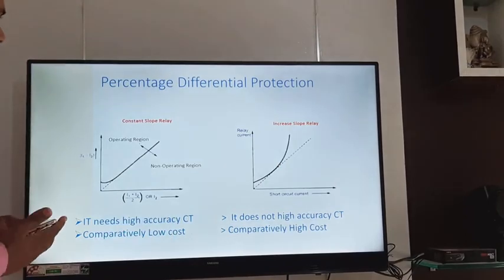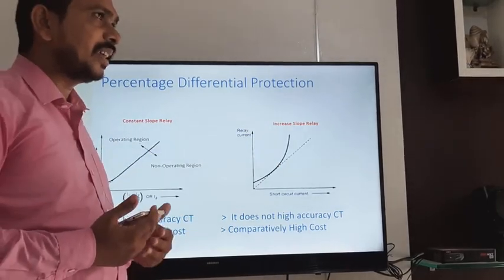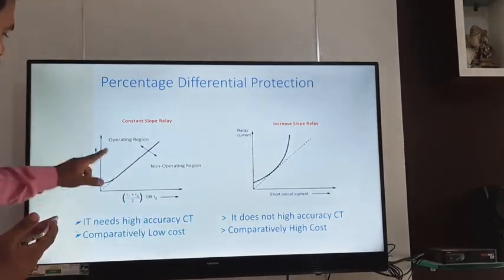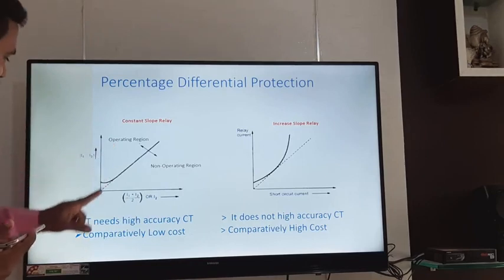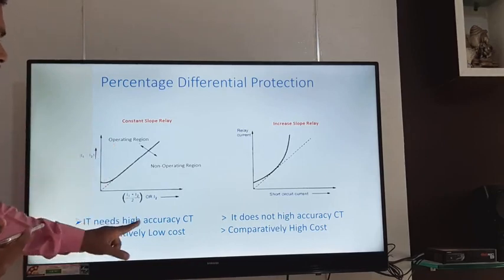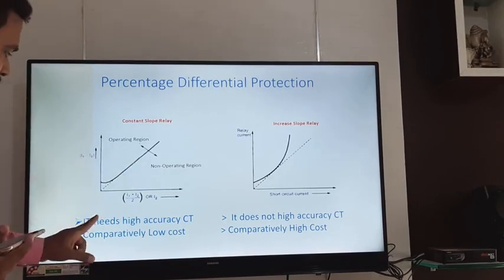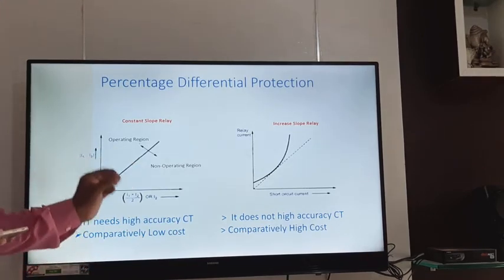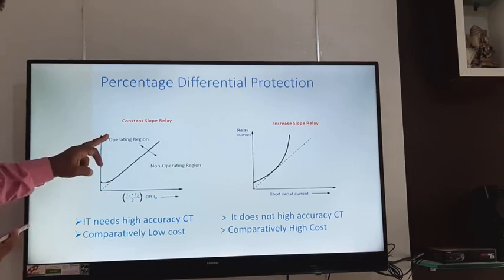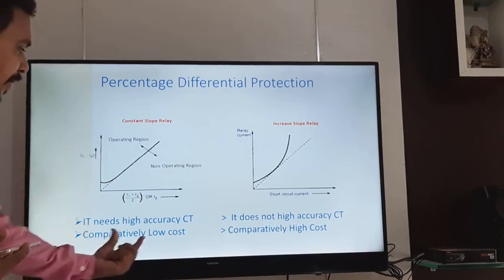So if these two types of relay are used, what happens? The constant slope relay needs a high accuracy CT. So if we use the constant slope relay, we have to use a high accuracy CT, but it is comparatively low cost.